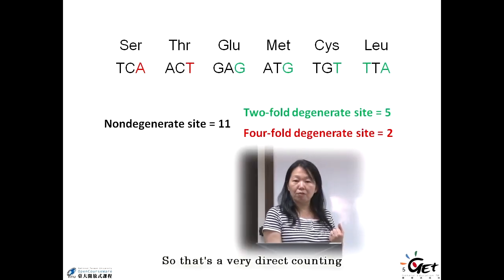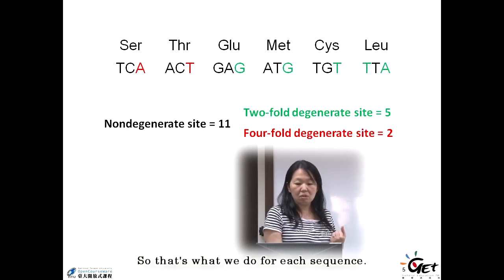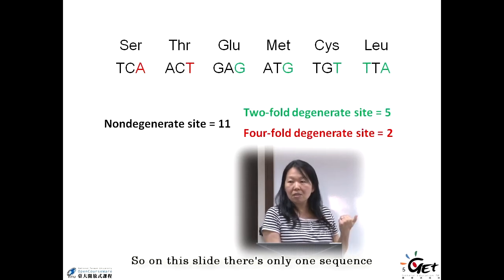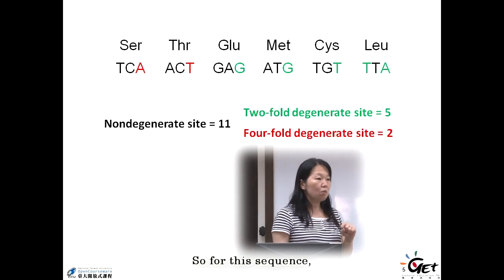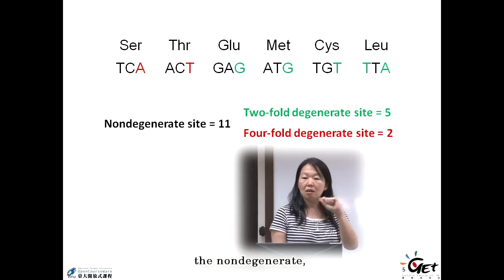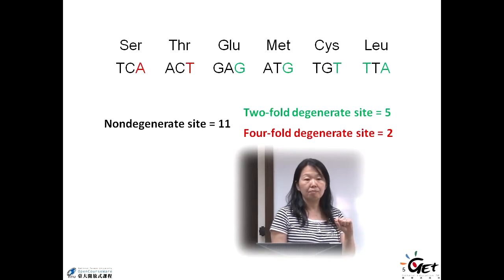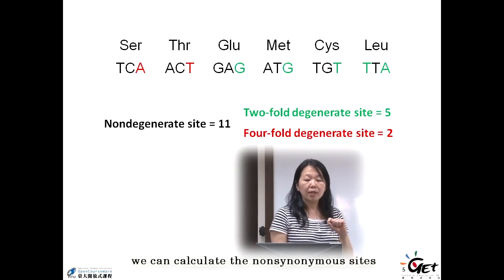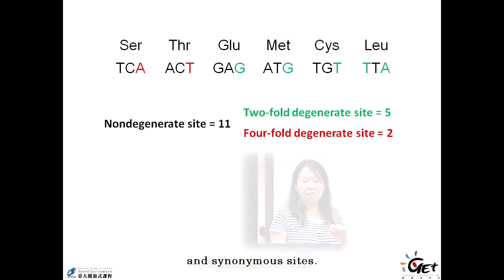So that's a very direct counting on the sequences. That's what we do for each sequence. On this slide, there's only one sequence. For this sequence, you look at the sequence and you can count the non-degenerate, 4-4 degenerate, and 2-4 degenerate sites. Then based on these three numbers, we can calculate the non-synonymous sites and synonymous sites.